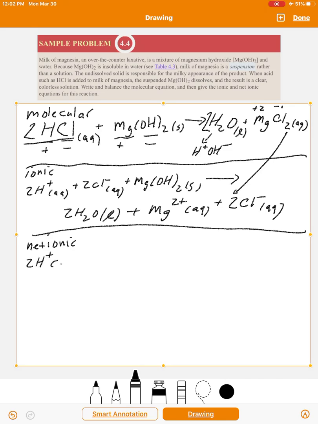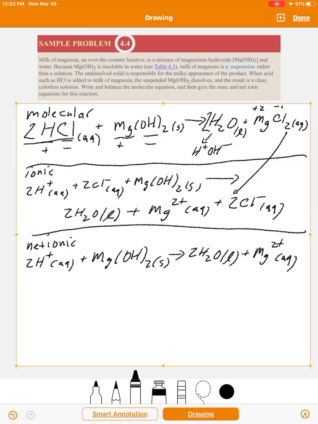So 2H plus aqueous, Mg(OH)2 solid. Now I might actually be able to fit this in one line, because we canceled out the chlorides. So it's going to be 2 waters, copying down from the ionic equation everything that I didn't cancel, plus Mg2 plus.